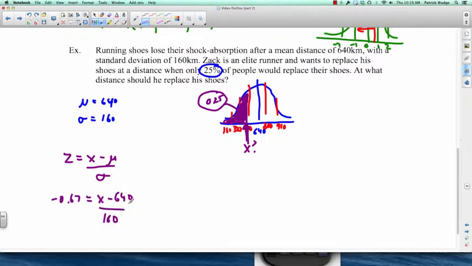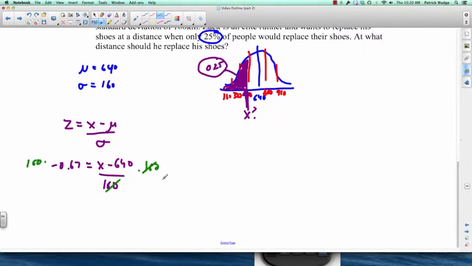And now we have to solve this equation. How are we going to solve this? We're going to multiply both sides by 160. If you multiply this side by 160, the 160 cancels, which is very good. If you multiply the other side by 160, you get 160 times 0.67, which, it's negative, so negative 107.2, and that equals x minus 640.